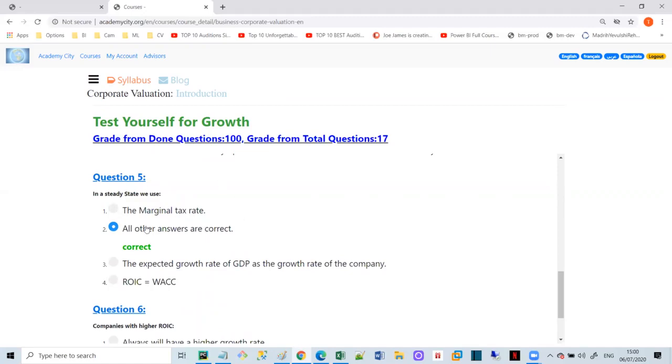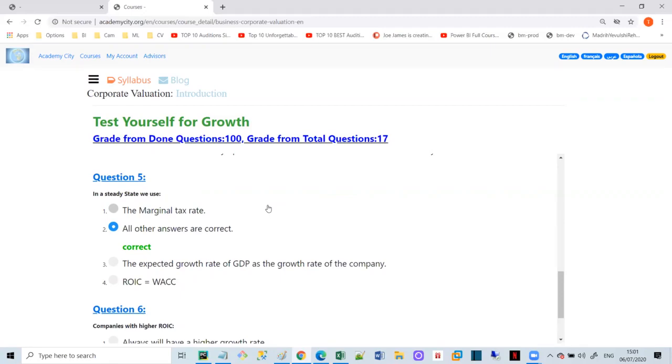If I put this one as an open question, I will ask you to express your opinion about why we use the marginal tax rate, why we use the expected growth rate of GDP for the growth, and why we use ROIC equal to WACC in a steady state. Why?